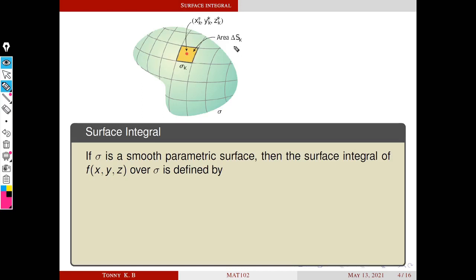Similarly delta s1, delta s2, etc. Suppose this subdivision contains n patches. We choose an arbitrary point (x_k star, y_k star, z_k star) from the kth patch. All the procedure is similar to the line integral, so (x1 star, y1 star, z1 star) is the arbitrary point from the first patch, and so on.